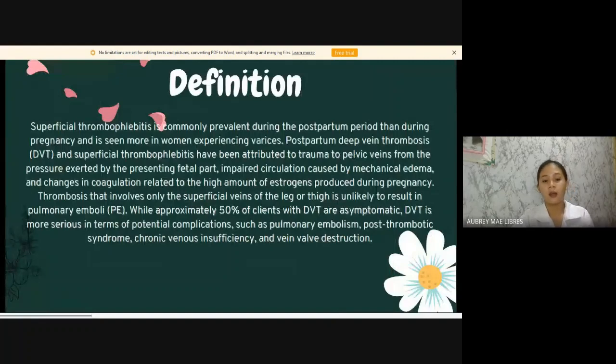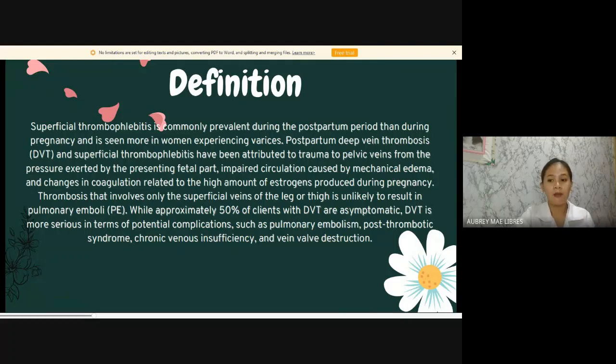Then after that, the definition: Homans sign is related to superficial thrombophlebitis that is commonly prevalent during the postpartum period and during pregnancy, and is seen more in women experiencing varices.